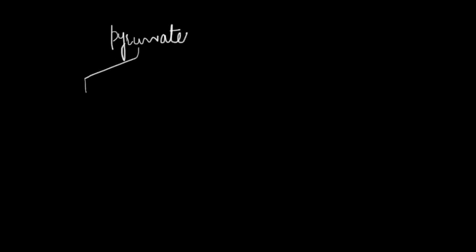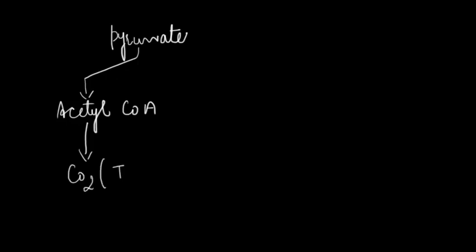Next, the end product, that is pyruvate, which is formed in glycolysis, has 3 different fates. First is when the conditions are aerobic. Pyruvate gets oxidized to the acetyl group of acetyl coenzyme A. This acetyl group gets converted to carbon dioxide in the TCA cycle, which is also called the Krebs cycle. The other fate of pyruvate is when the conditions are anaerobic or hypoxic.